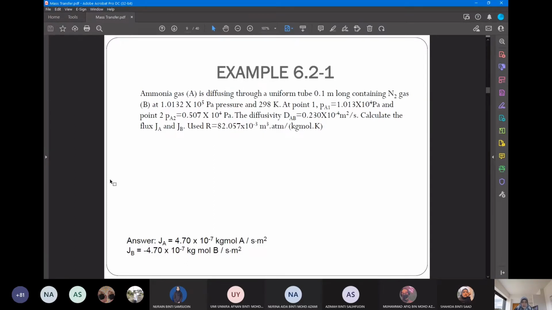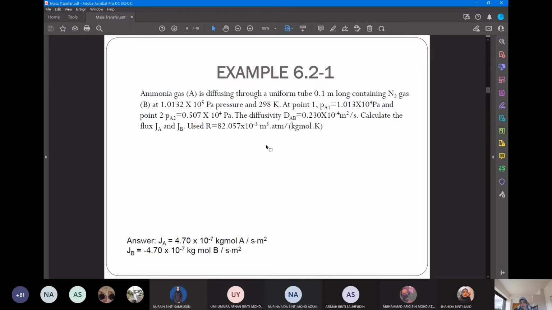First step, you want to refer to one of these. But if you're given in terms of, let's say, Pascal, so this is Pascal, right? This is ATM. So you have to know whether Pascal is the same as ATM. Is 1 Pascal equal to 1 ATM?